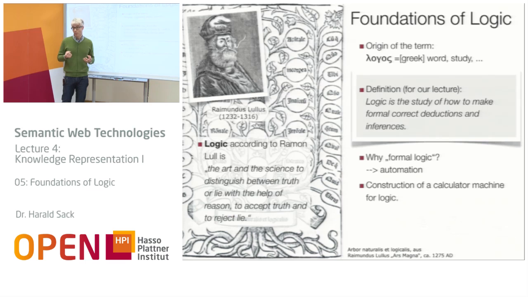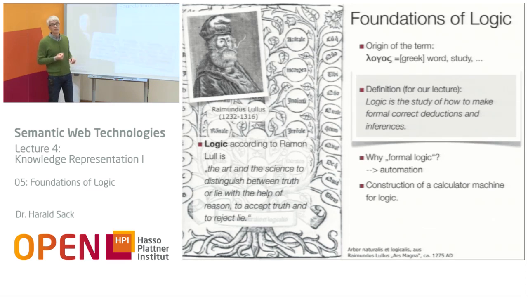Raimundus Lullus, a man from Spain, defined logic as the art and the science to distinguish between truth and lie with the help of reason, to accept truth and to reject lie. And for this, he constructed a tree of knowledge that was based on the Aristotelian categorization of the world, on Aristotle's categories.